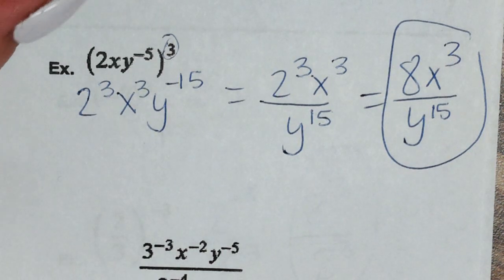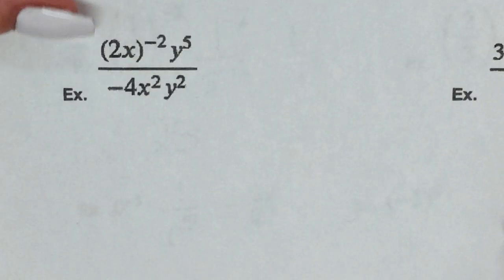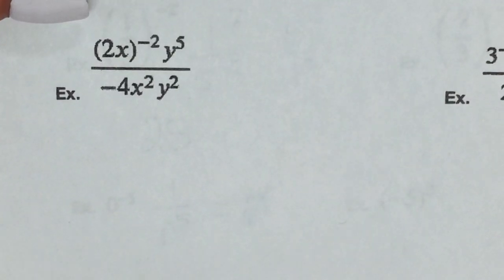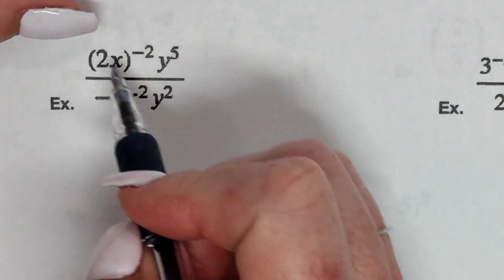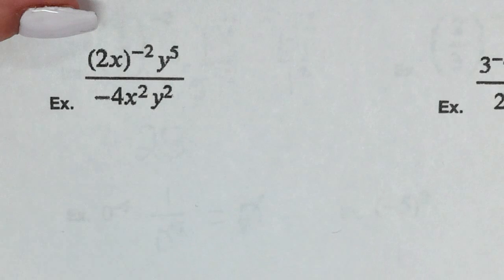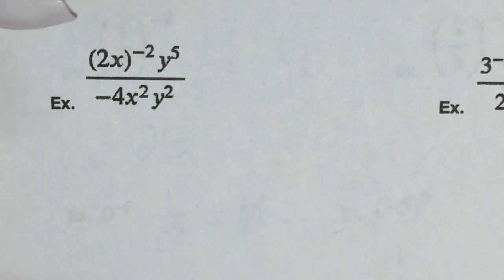Now we're going to get into the really fun ones. These are not on your assignment. Are y'all ready? Here we go. Take one step at a time. What do you think you have to deal with first? The parentheses. Yes?